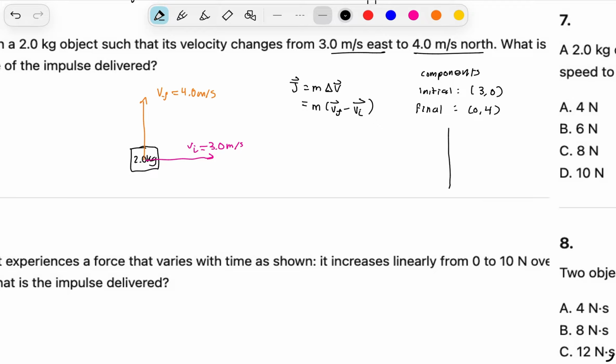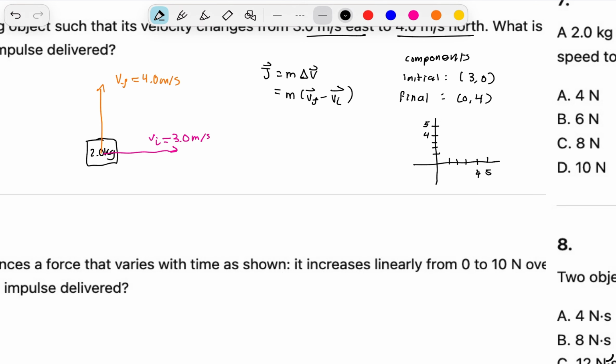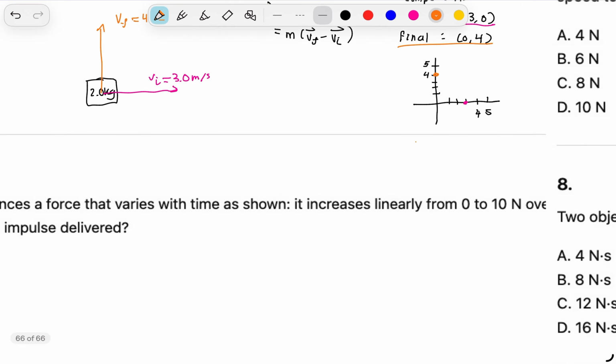So if we plotted that, you would have your initial here, and then finally you would have here. So we can say that our change in velocity is equal to -3, 4.